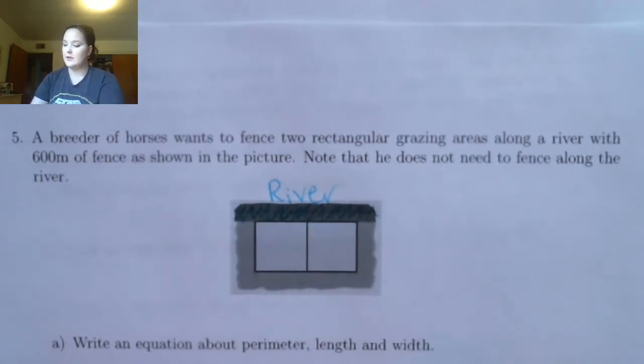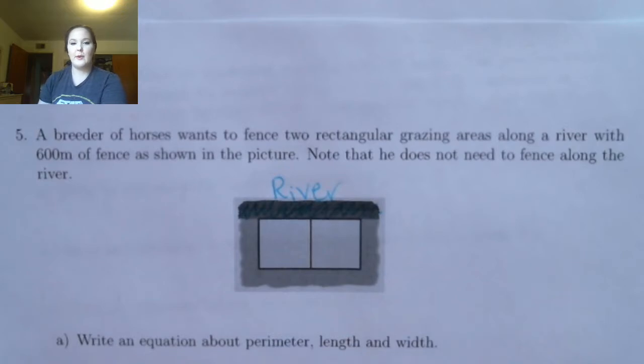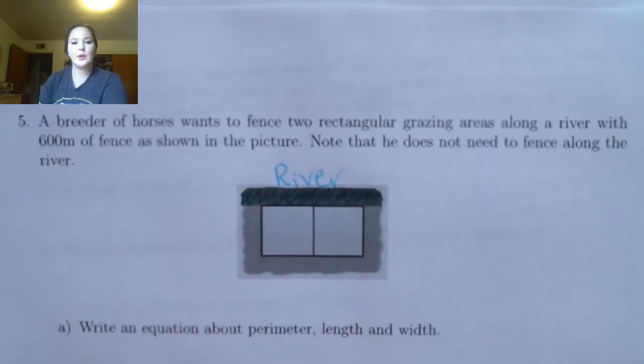So part A says write an equation about perimeter length and width. We're going to go ahead and label some of these things.